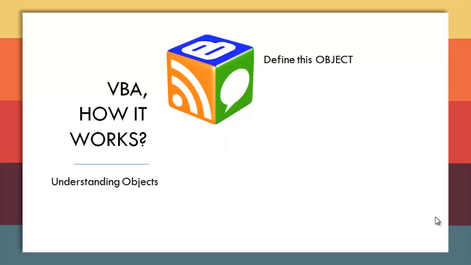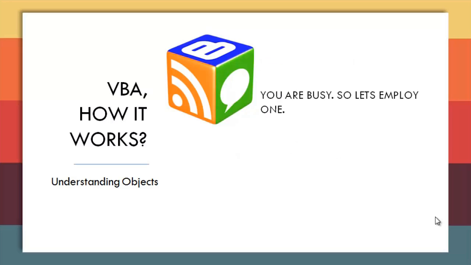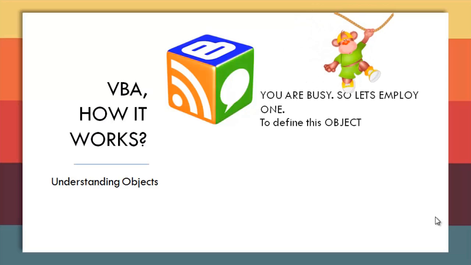Let us try to define this object. Either you can do it, or you assume that you ask your secretary or your assistant, or you employ somebody to define this object. Okay, now you are busy, so let's employ someone to define this object. Here comes an assistant to define this object. Let's ask him to define this object.